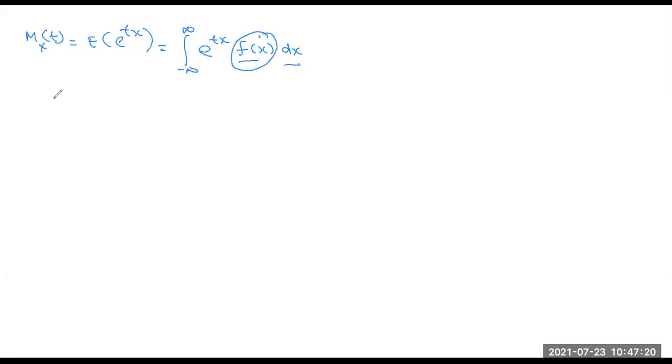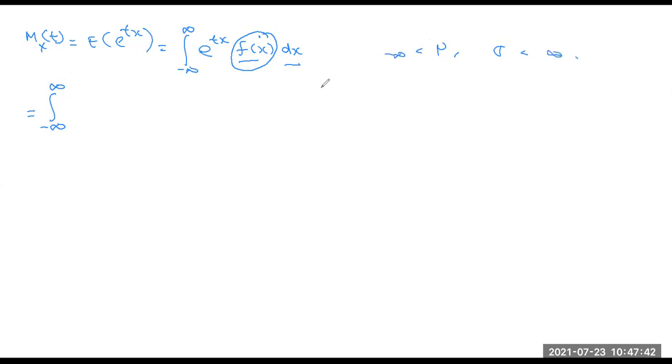Okay, so for the normal distribution, this is equal to the integral from minus infinity to infinity. You remember the parameters mu and sigma are defined between negative infinity and positive infinity.